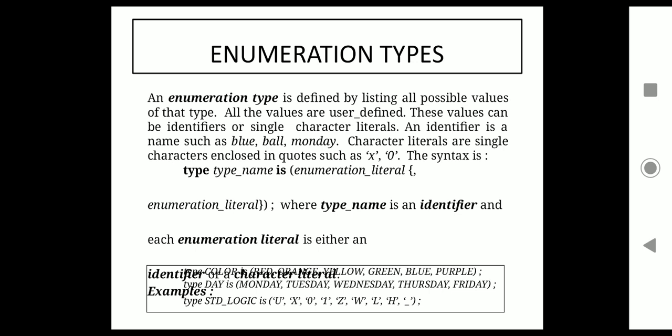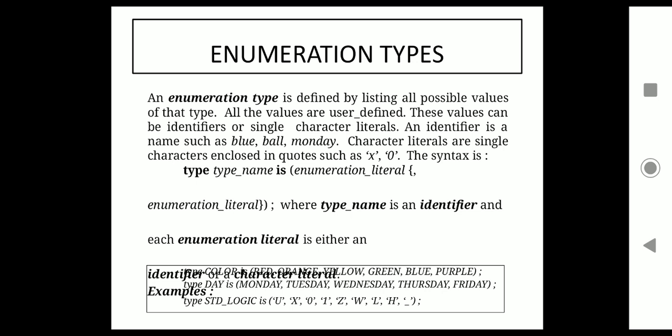Character literals are single characters enclosed in single quotes, such as 'X', '0', or if you want to use more than one bit, then you go for double quotes, such as "010", anything more than one bit.